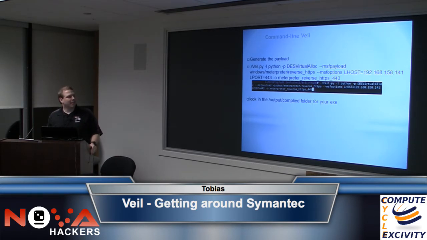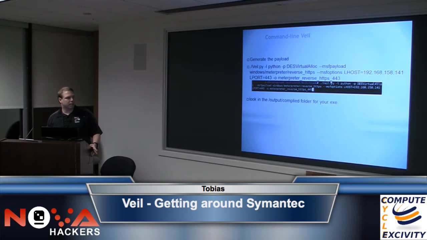So I went with the command line, and you can kind of see here the -l was for the language, which was Python. They had C, they had some other options there. You can use the payload, which was DES that I used, virtual allocation, which means that it wrote to memory. And then you define your MSF payload, of course using windows/meterpreter/reverse_https, and then you use your local host, which was that at the time, and the port 443, and then you output the file to an exe.